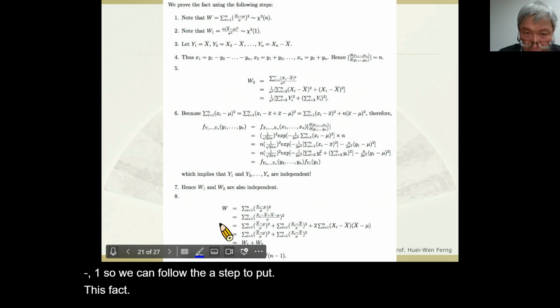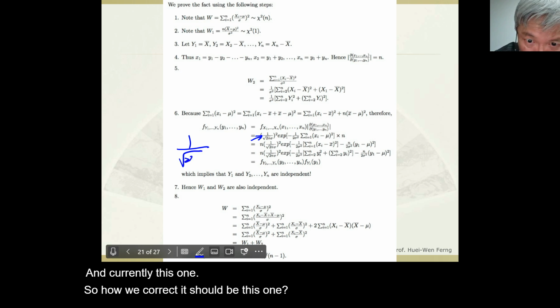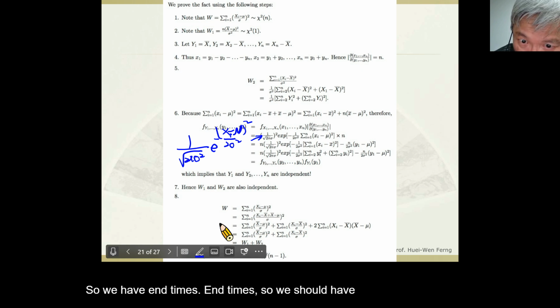So we can follow the steps to prove this fact. Currently, how do we correct this one? It should be this one. So we have n times, so we should have this. This one should be n.